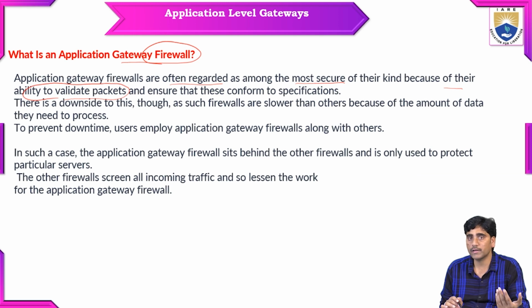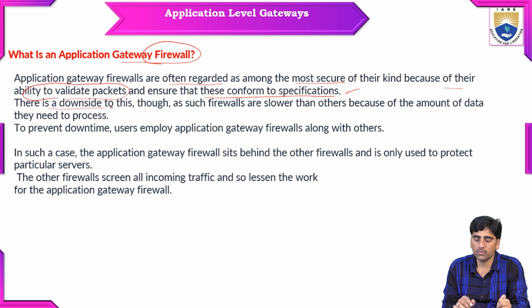Each packet gets inspected, and validating the packet is also important, to ensure that it conforms to specification. There is a downside, though: such firewalls are slower than others because of the amount of data they need to process.